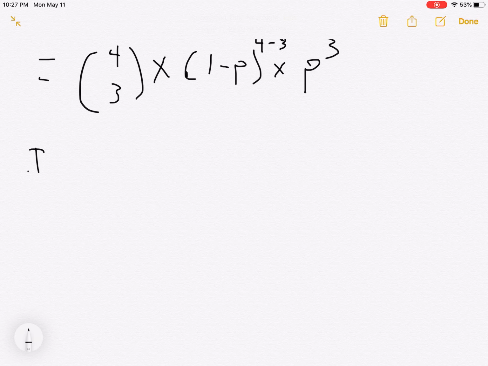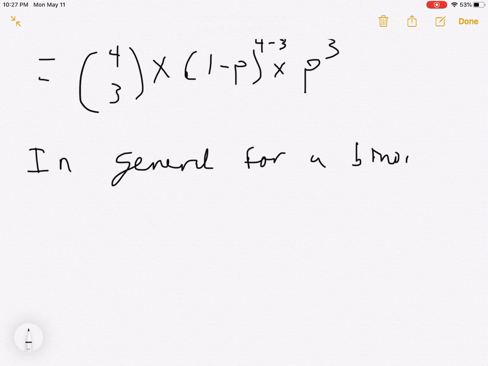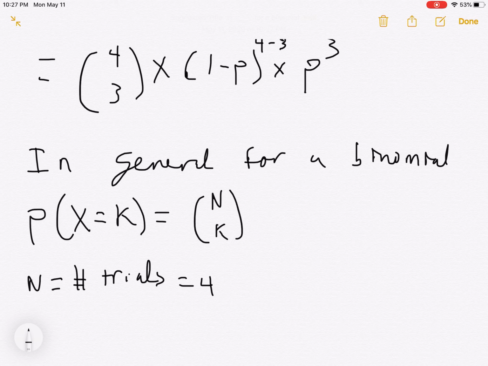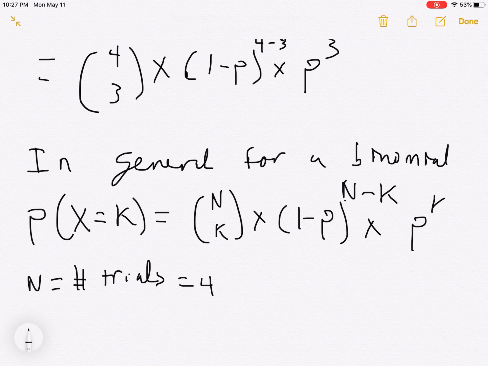So in general, for a binomial distribution, I think I have probability x having k successes is going to be n choose k, where n is equal to the number of trials, which is 4 satellites, times 1 minus p to the n minus k, 4 minus 3, times p to the k.